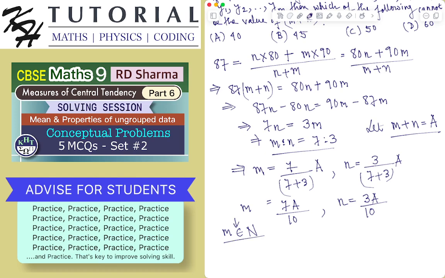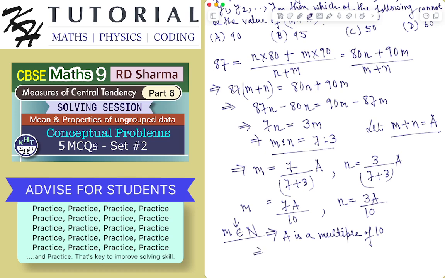So m being a natural number will obviously mean that a is a multiple of 10. Only then will 7a by 10 be a natural number, and also 3a by 10 will be a natural number. So the only condition is that a has to be a multiple of 10.